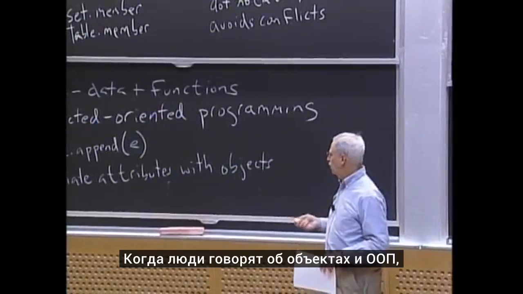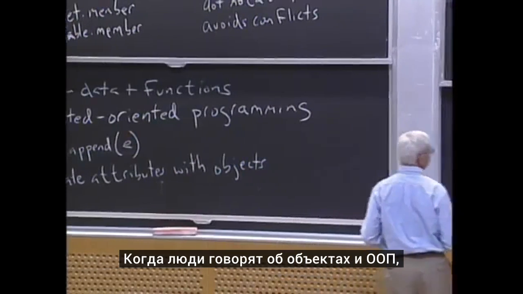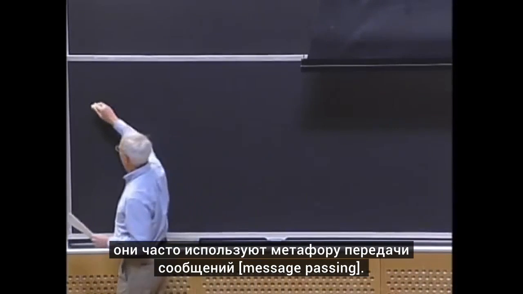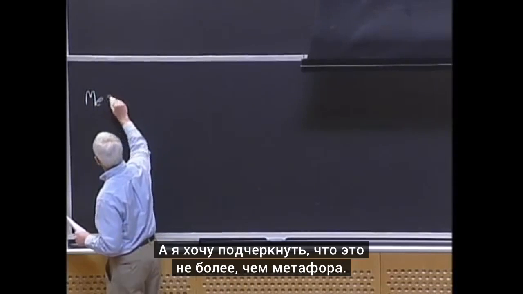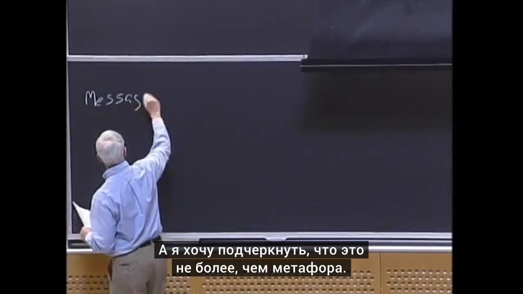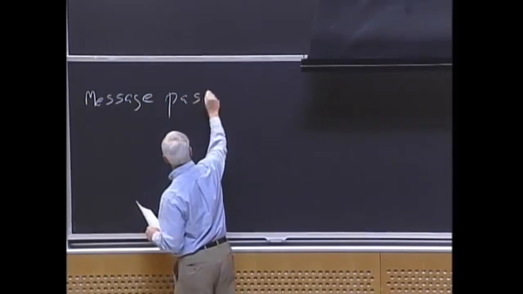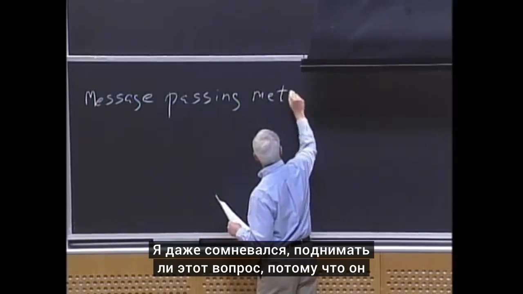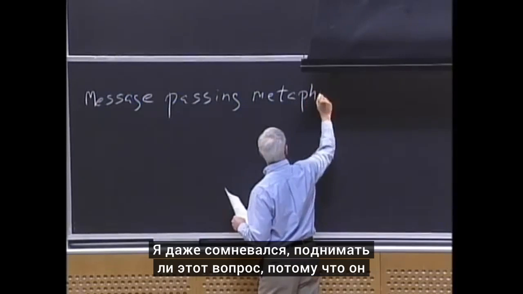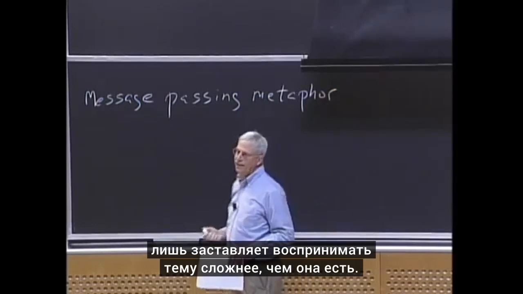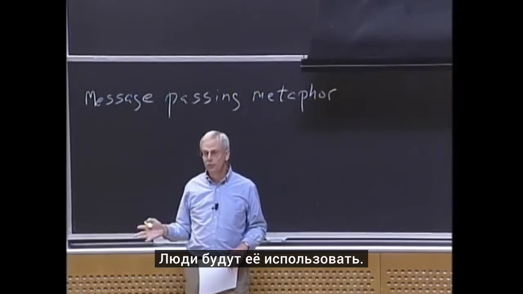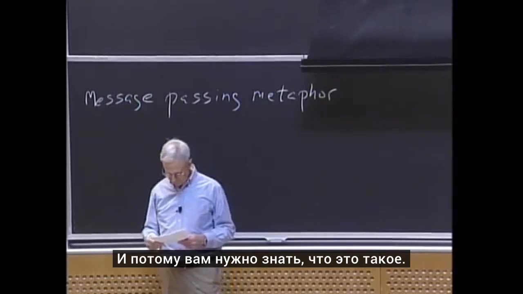When people talk about objects in object-oriented programming, they often use a message-passing metaphor. And I want to emphasize it's nothing more than a metaphor. I almost hesitate to bring it up because it makes it all sound more complicated than it is, but you will see this phrase in the literature. People will use it, so you need to know what it is.